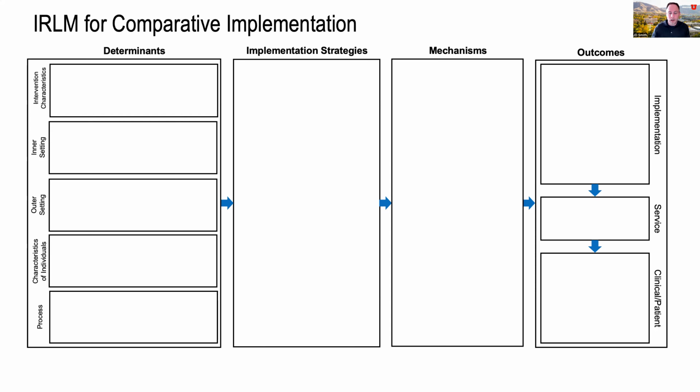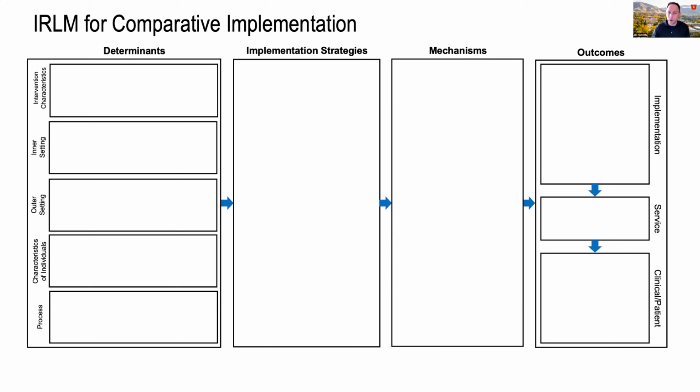A variation that you can do for different kinds of study designs would include using the IRLM to specify a comparative implementation project. So comparative implementation essentially tries to test two different implementation strategies or multi-component implementation strategy bundles or packages, usually in a head-to-head or a two-arm implementation trial.